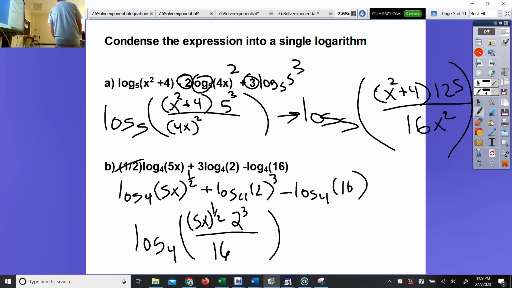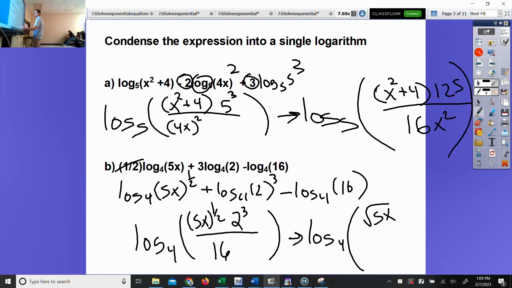If I was a betting man, I think they would rewrite 5x to the half as a square root. That question I asked LJ about, that was a square root function. So they convert it back to an exponent. If I was a betting man, they'd probably write that root 5x. Everybody ought to know what 2 cubed is. 8.